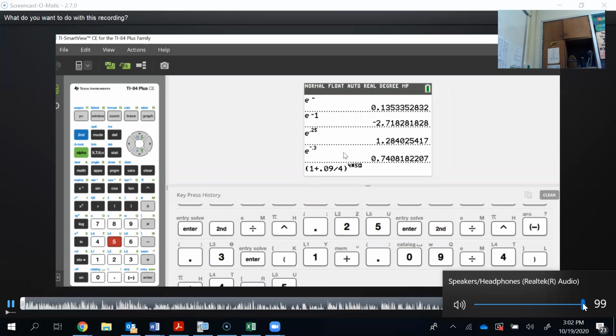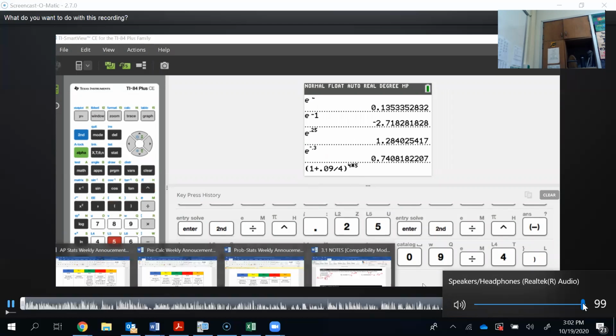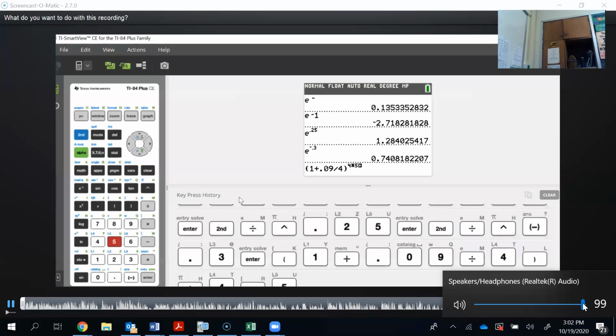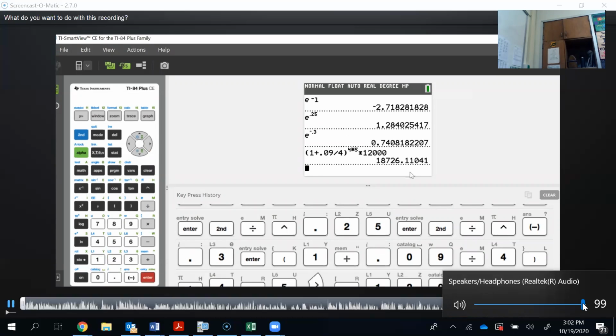I'm going to type it in all at once, exactly the way it's written in the formula. Oops, I forgot my 12,000. So I need to put my 12,000 out front here. I could put it at the end here. Preferably you put 12,000 at the beginning. Okay.